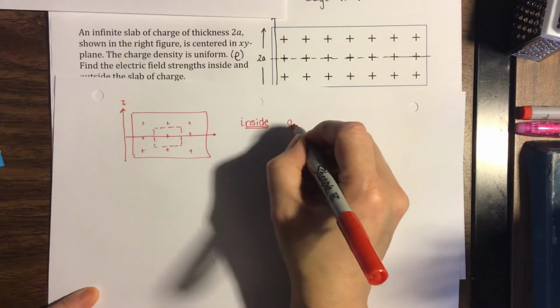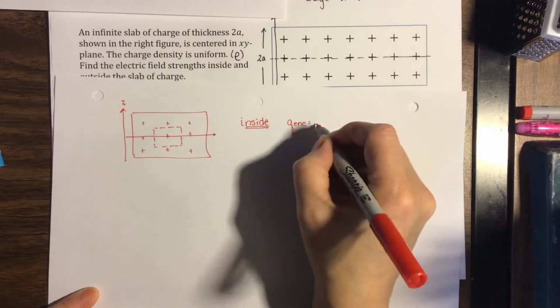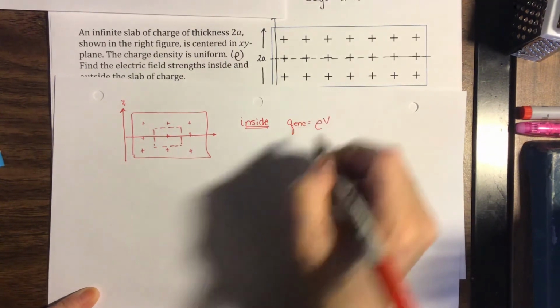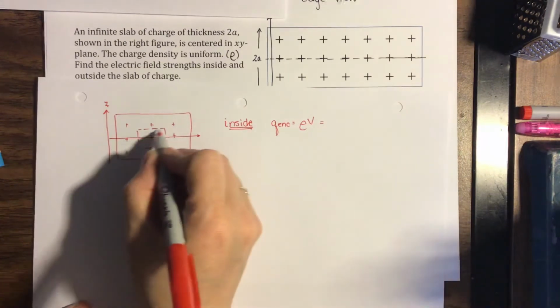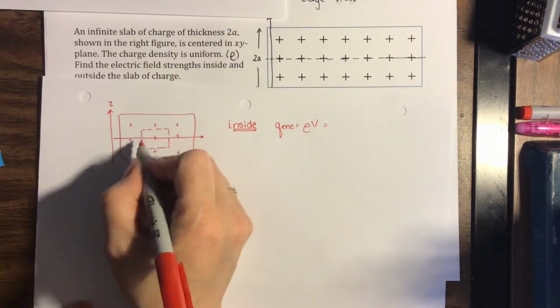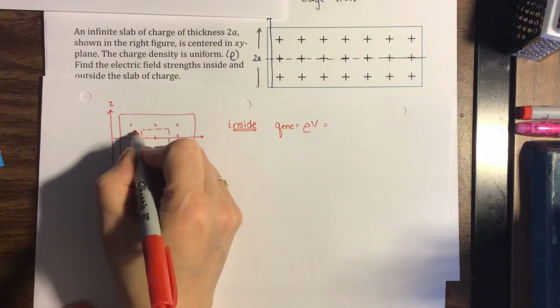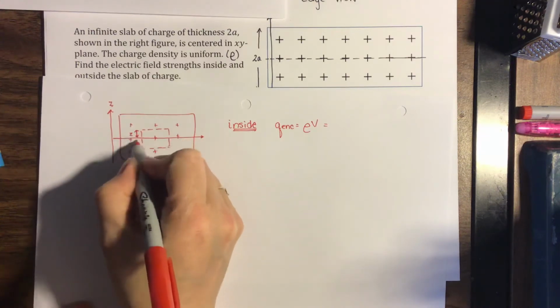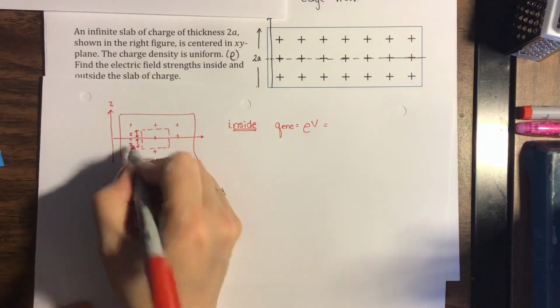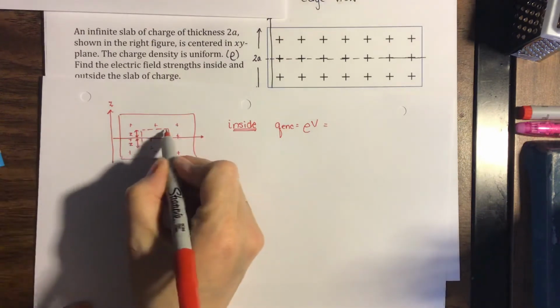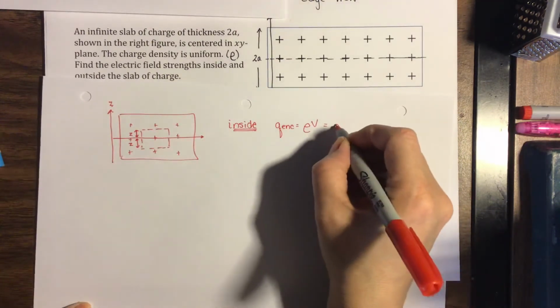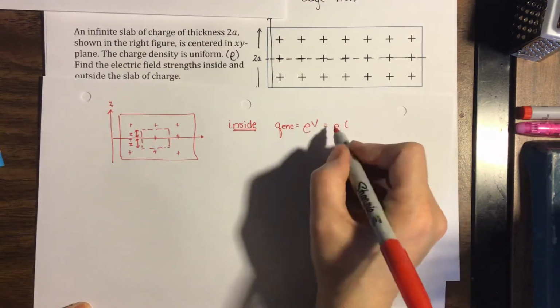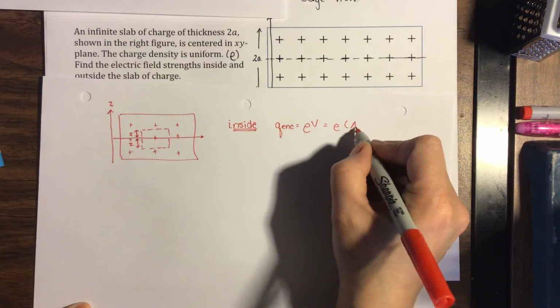Q enclosed equals the density times the volume. The volume of our Gaussian surface, well, it's got a thickness of this much plus this much, and it's got a cross-sectional area of A. So I've got density times volume. Volume is the thickness times the area.